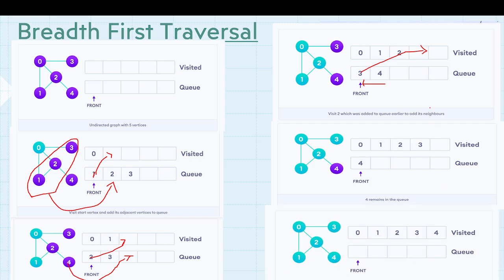Next, we dequeue the element from the queue and mark it as visited. So these are the steps involved in the breadth first search algorithm. This employs a queue data structure instead of a stack data structure.